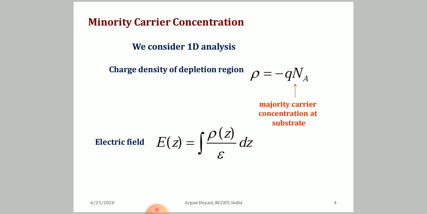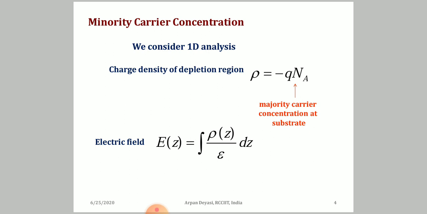And your expression for Ez from Poisson's equation is the integration of rho by epsilon dz. Though it's an indefinite integral, I will substitute the boundary condition, and naturally it will become a definite integral. Definitely you have to solve a definite integral, otherwise you can't reach a meaningful conclusion at the end of your mathematical derivation.